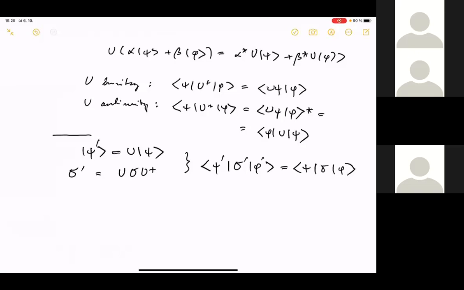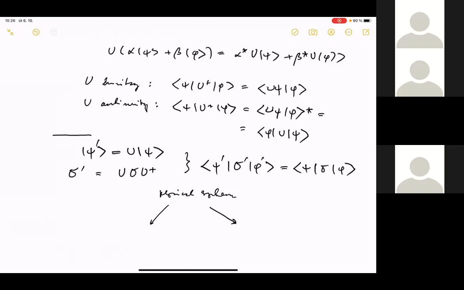Okay, so if we interpret symmetry in this way, this is nothing else but a change of the description of our system. Instead of using the system of states psi and operators O, we use the system of states psi prime and operators O prime, and we have a relation between these unprimed and primed objects. We can say we have one physical system and two people who would like to describe this physical system.